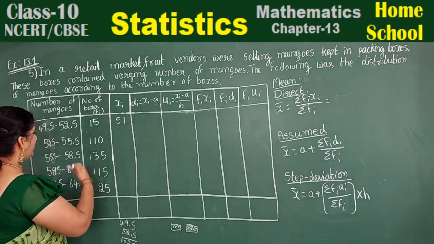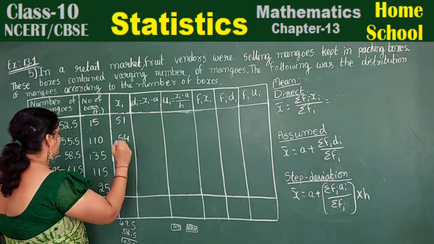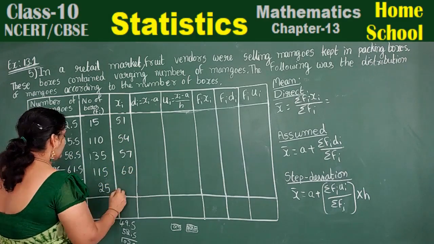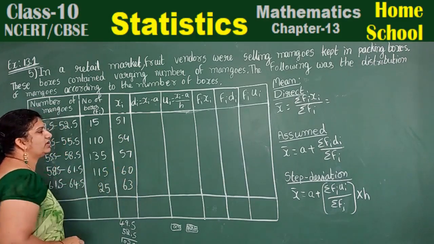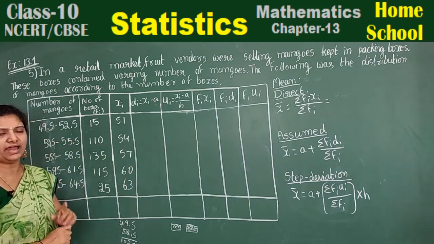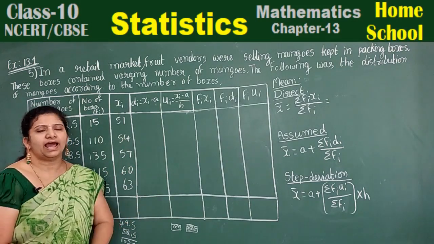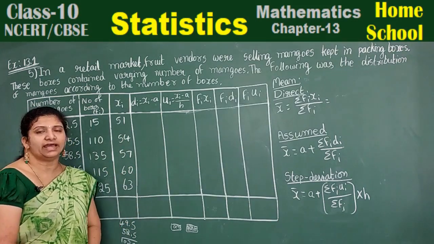Similarly, let's find the remaining: 54, 57, 60, 63. If you add lower limit plus upper limit and divide by 2, you get these scores. Calculate the mean by the first method, the direct method.